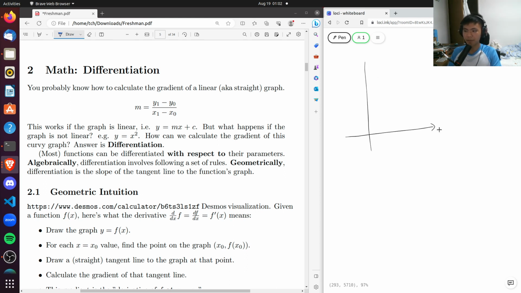I'm sure you guys probably know how to find the gradient of a linear graph, right? y equals mx plus c. You take any 2 points. It doesn't matter which 2 points you choose because it's a linear graph, so any 2 points you pick will give you the same answer. You consider them as coordinates x0, y0 and x1, y1.